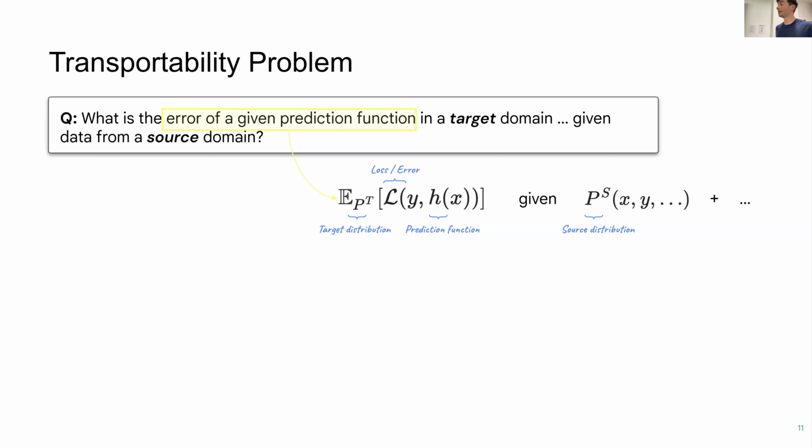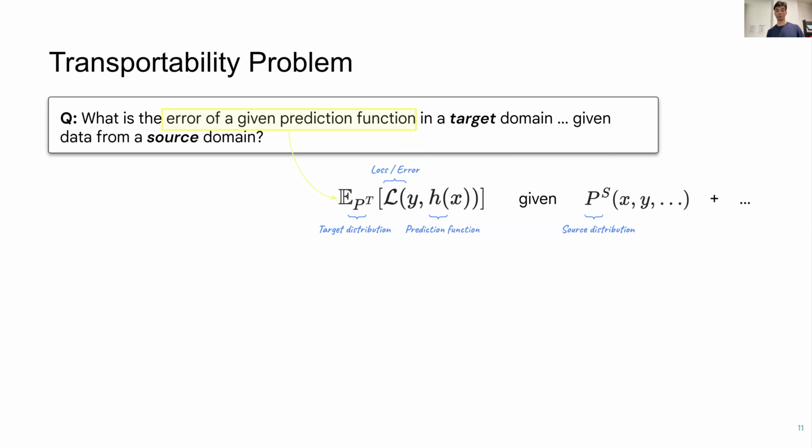And mathematically, what I mean with this kind of statement is really the evaluation of an expectation, taking in a target distribution of some loss term that compares the predicted values given by your prediction function and the true outcome of interest, right?